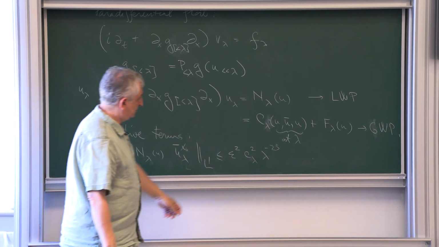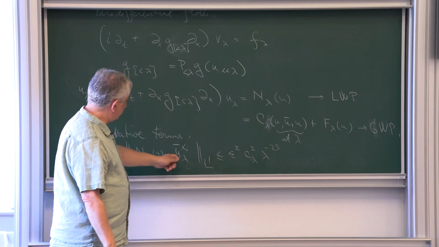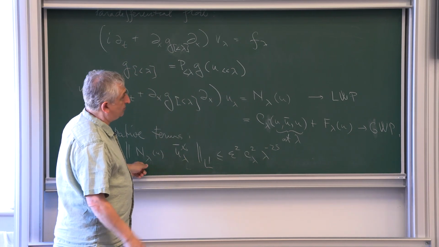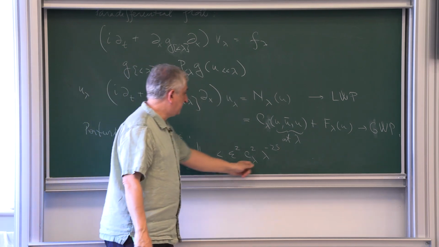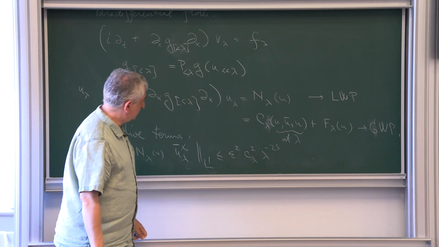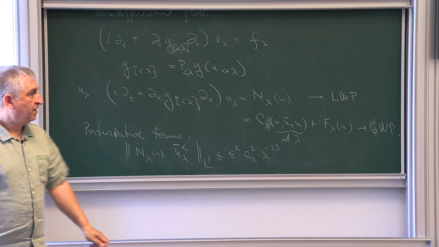So we have two HS norms. Think of this as this comes into a flux, so it has to go into a quadratic expression. So we need to gain both of our HS derivatives, the frequency envelope, and then the epsilon term.